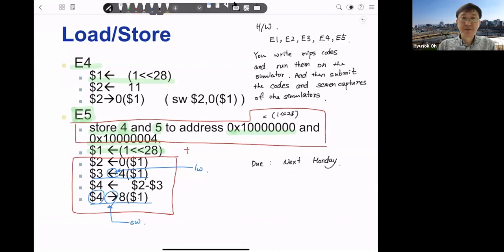No question? E5 code. Actually, in the chat you can see the E5 code, right? Yeah, it's the portal site.